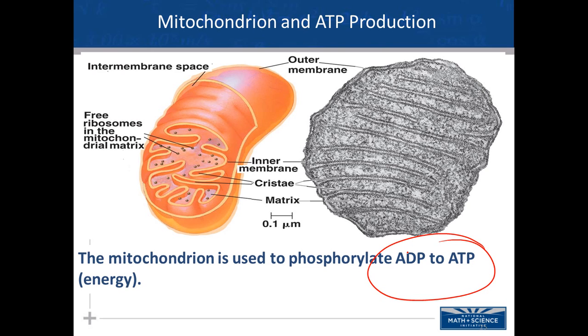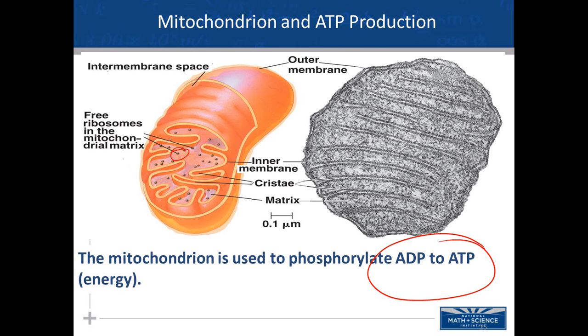It appears that the mitochondrion used to be a prokaryotic cell, and we do have support or evidence that once upon a time this was a prokaryotic cell. First off, it has DNA, but the DNA is circular and resembles prokaryotic DNA. The mitochondrion also has ribosomes, but the ribosomes found in the mitochondrion resemble those of a prokaryotic cell. The mitochondrion also does protein synthesis, but does it like a prokaryotic cell.